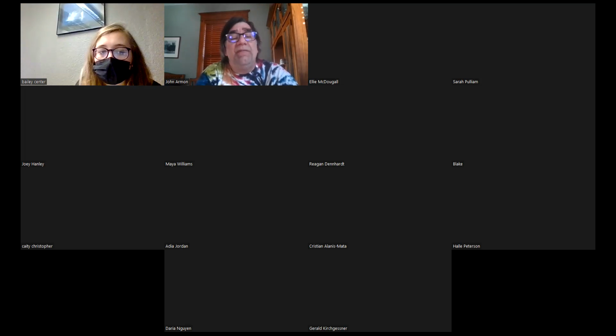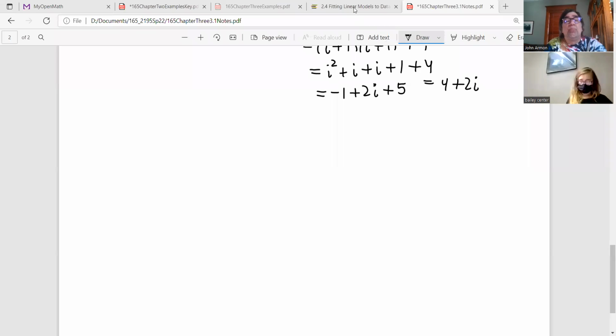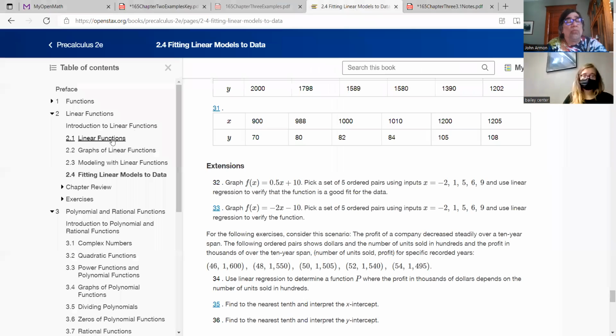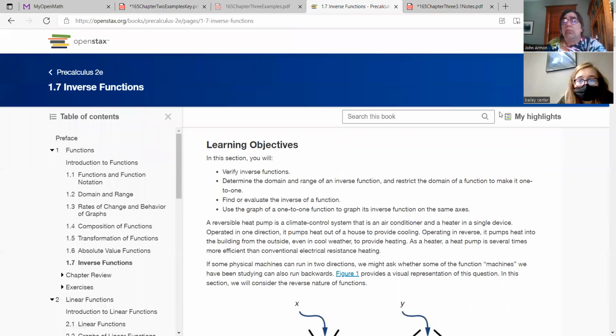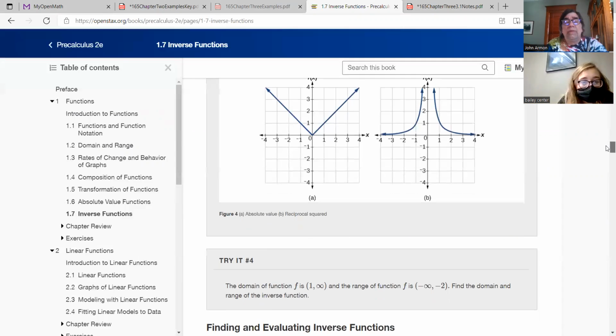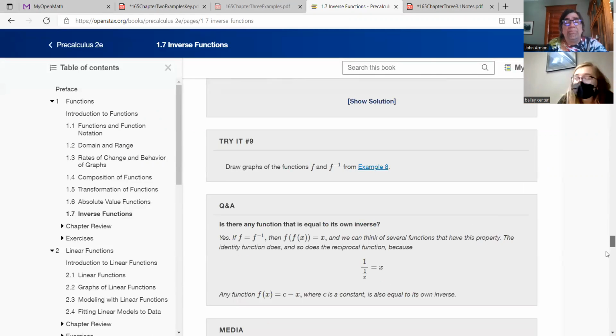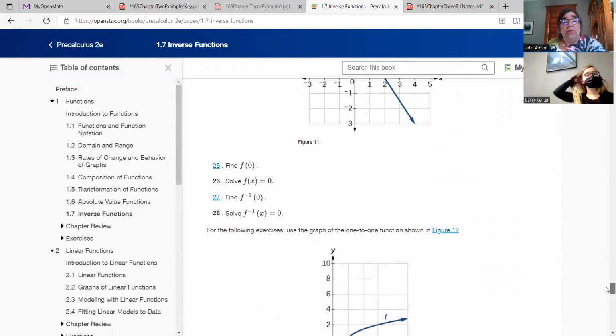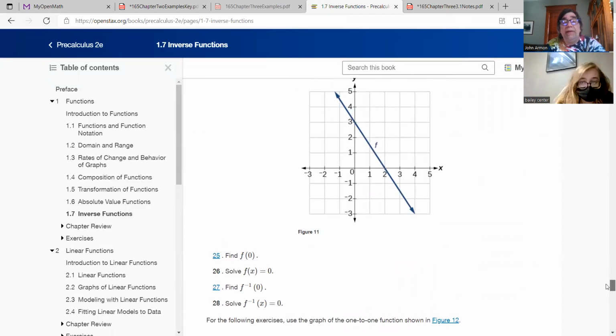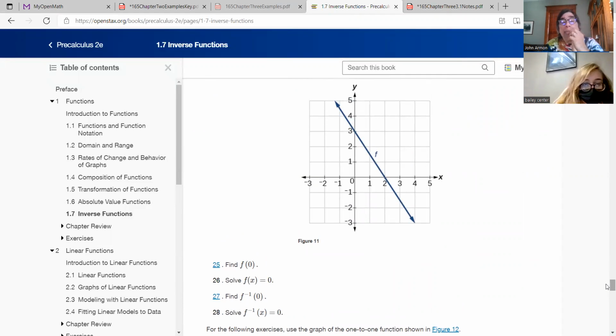So section 1.7. Okay, so 26 and 28 would be these problems right here.